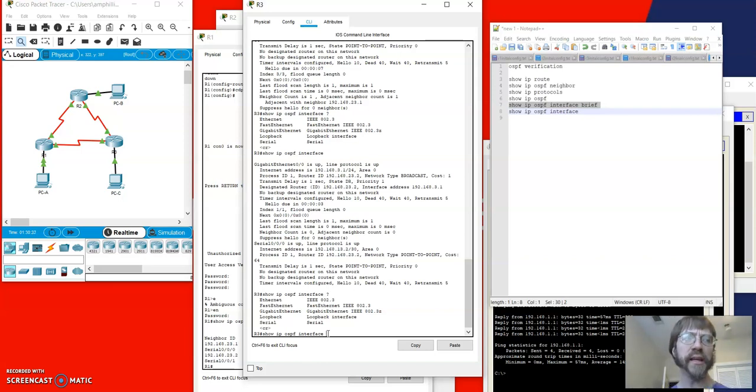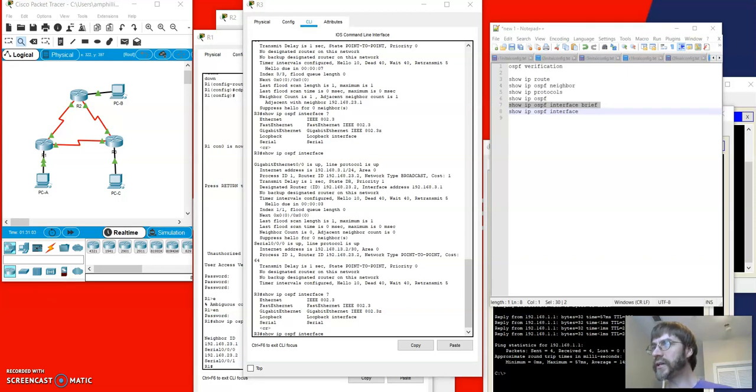If you punch something in and it looks right and it doesn't work, try to use your question mark operator or keyword to see what Packet Tracer will allow you to do. Another very fun tool that Packet Tracer doesn't simulate correctly is show run interface. It just doesn't work. But what you can do is show run pipe begin interface, and you'll at least start with the interfaces. So I know that my routers have converged.